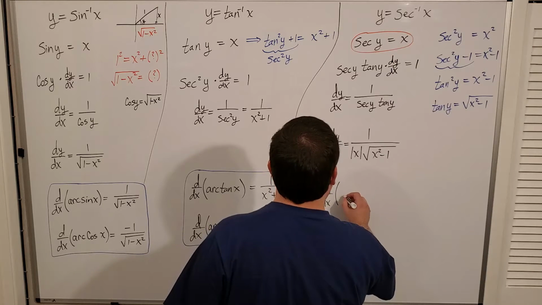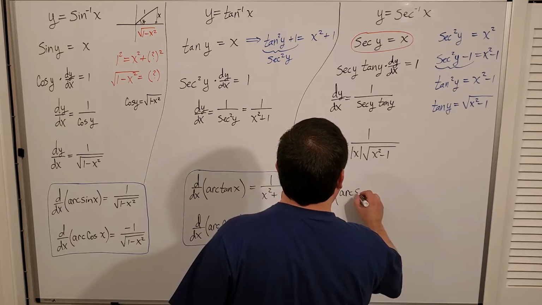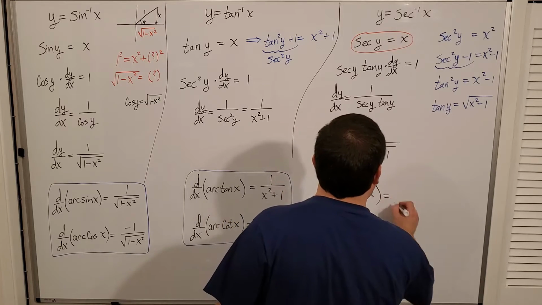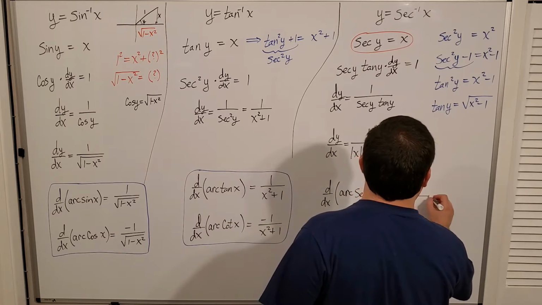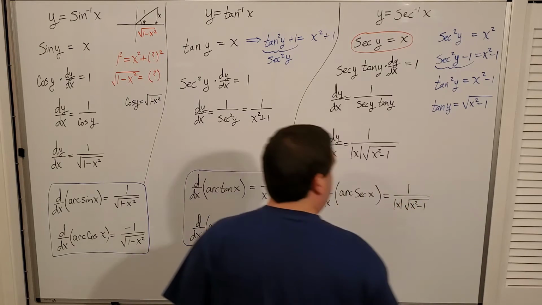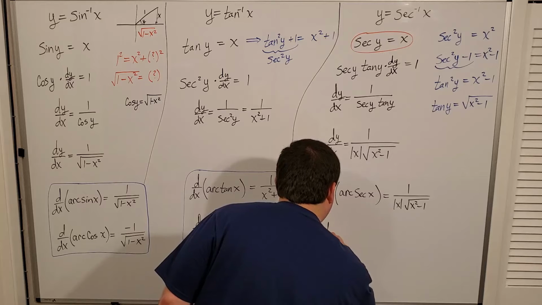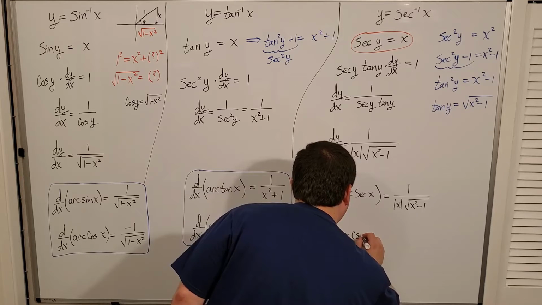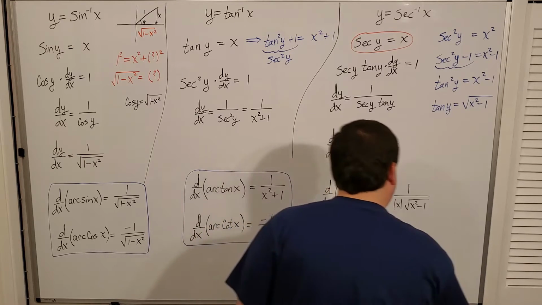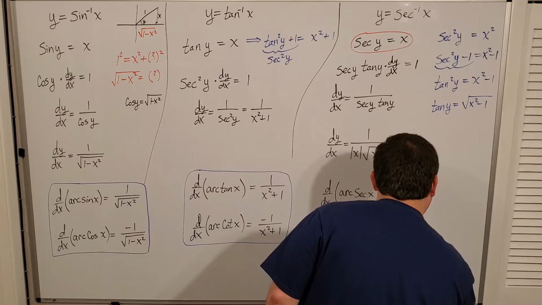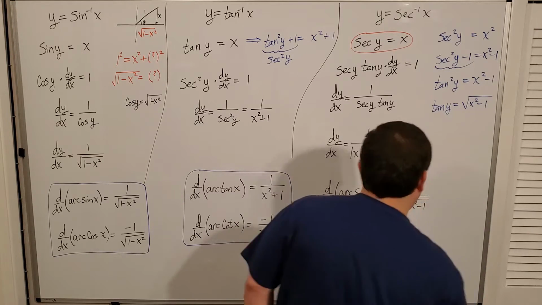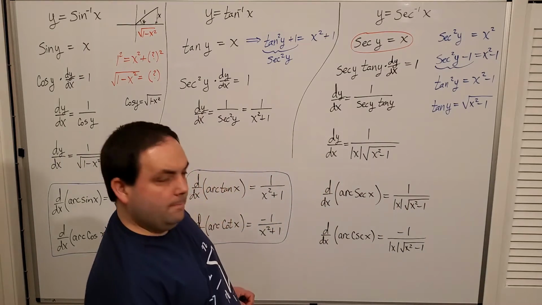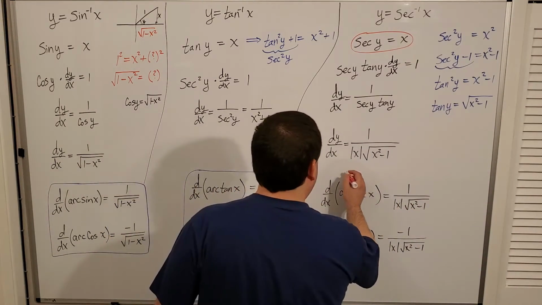Derivative with respect to x of the arc secant of x is equal to 1 over absolute value of x times the square root of x squared minus 1, and derivative with respect to x of the arc cosecant of x, of course, would just be the negative.